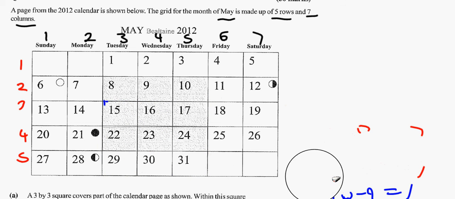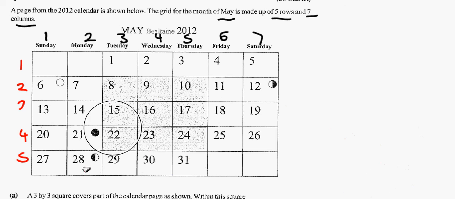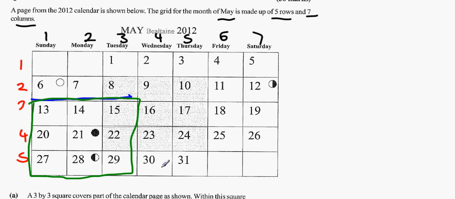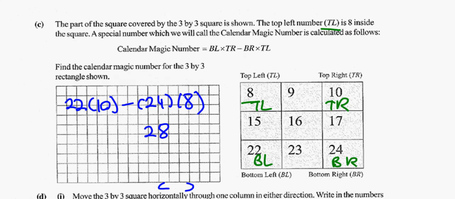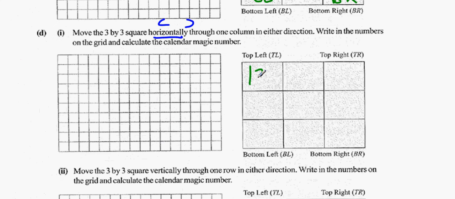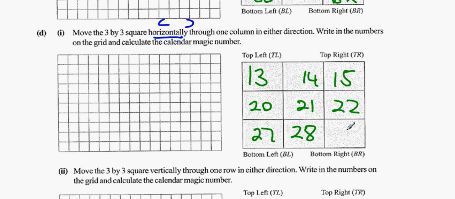Now ideally I want all the numbers together, so I'm just going to do this one here. Okay, so we'll do this one in green. So 13, 14, 15, 20, 21, 22, 27, 28, and 29. Okay.